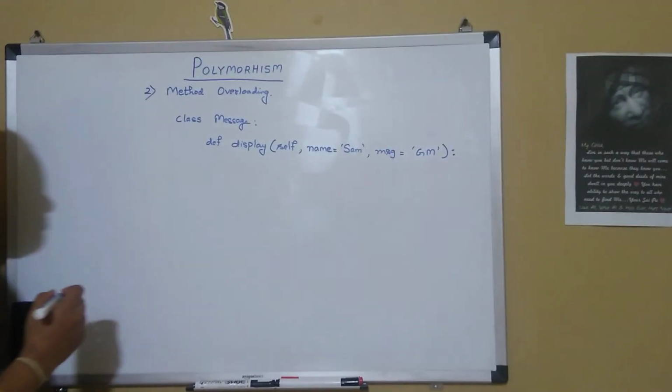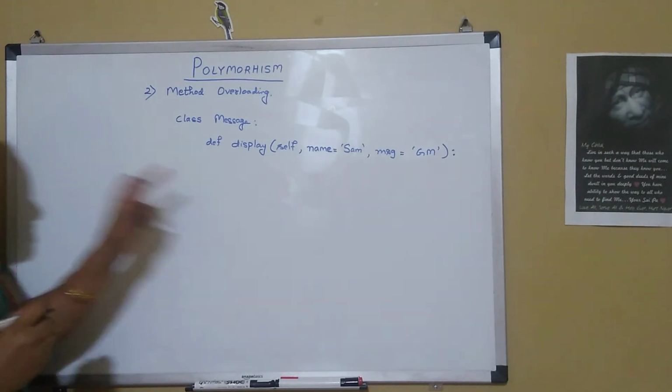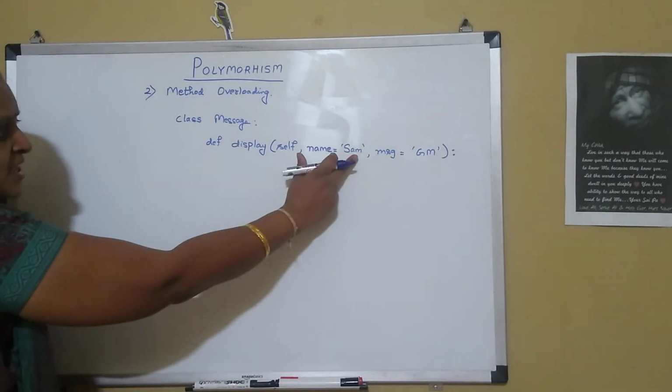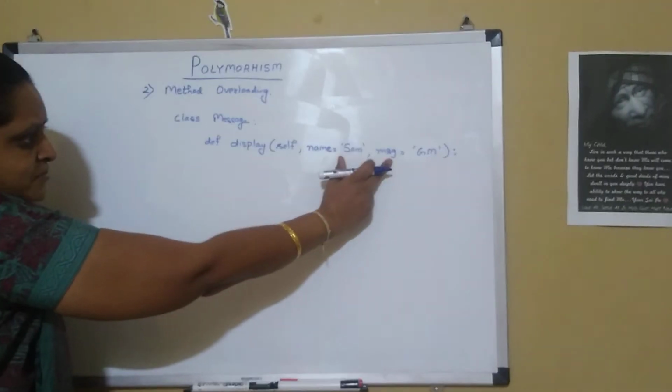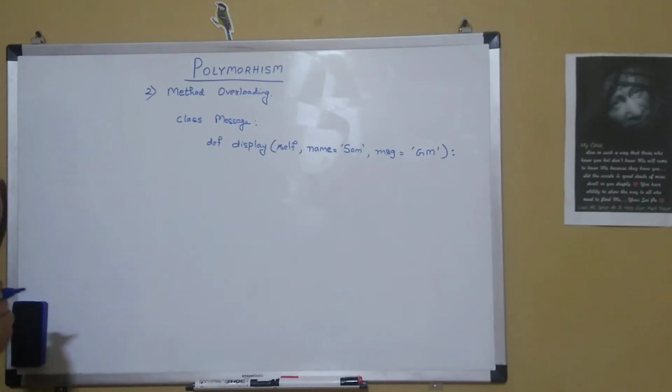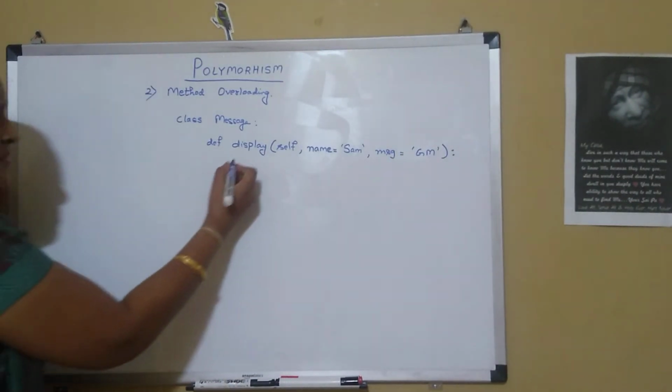So let me have default arguments in this scenario. Means when the function call does not pass any of these arguments, that is name and message, it takes Sam and good morning as the default arguments. So this is my display.